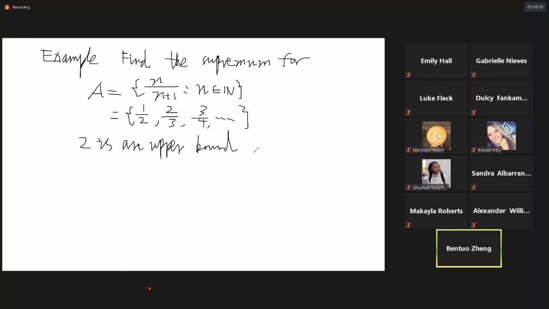Now, since A has an upper bound, the supremum is the least upper bound.